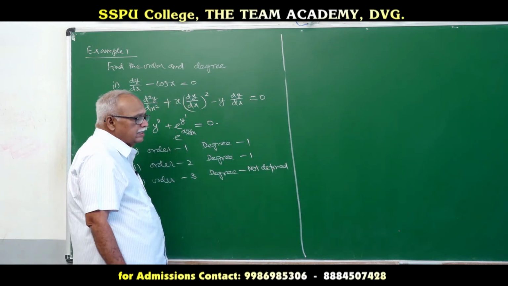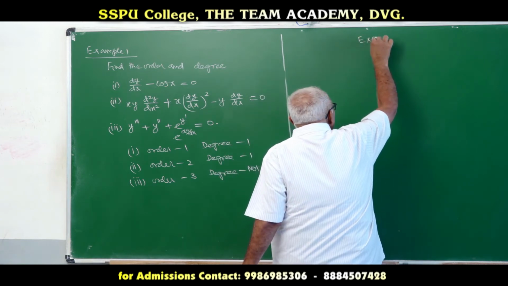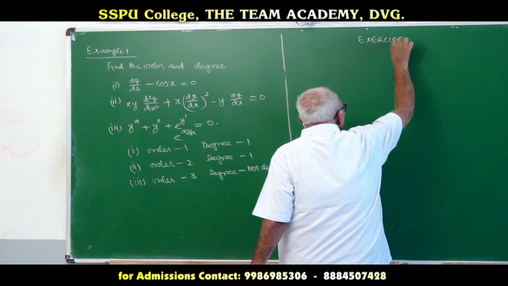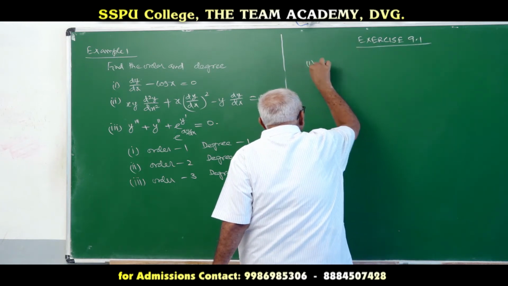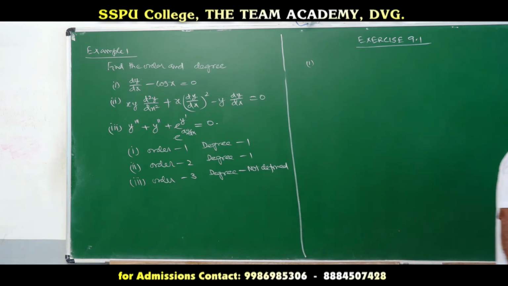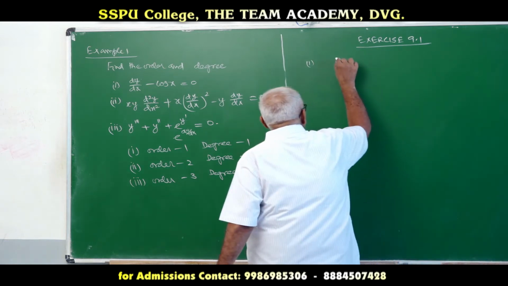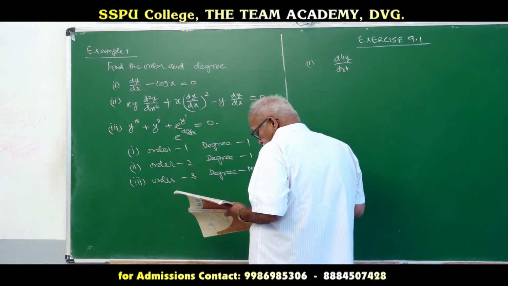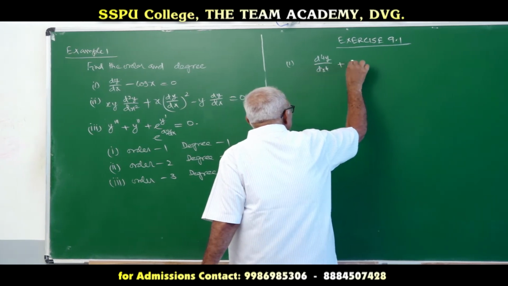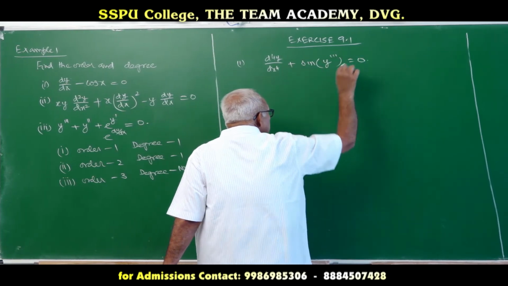Now, let us see the problems in Exercise 9.1. We will take the first question: d power 4 y by dx power 4 plus sin of y triple dash is equal to 0.